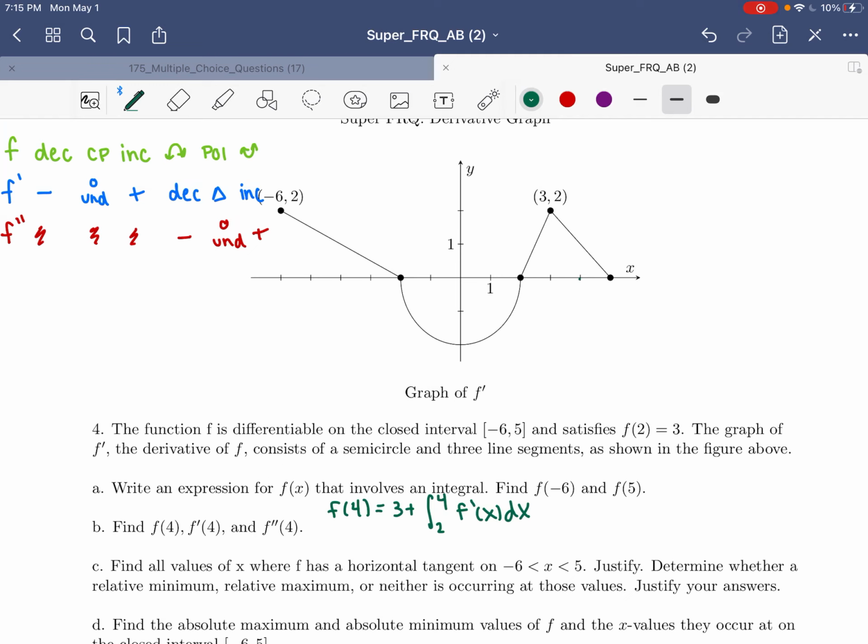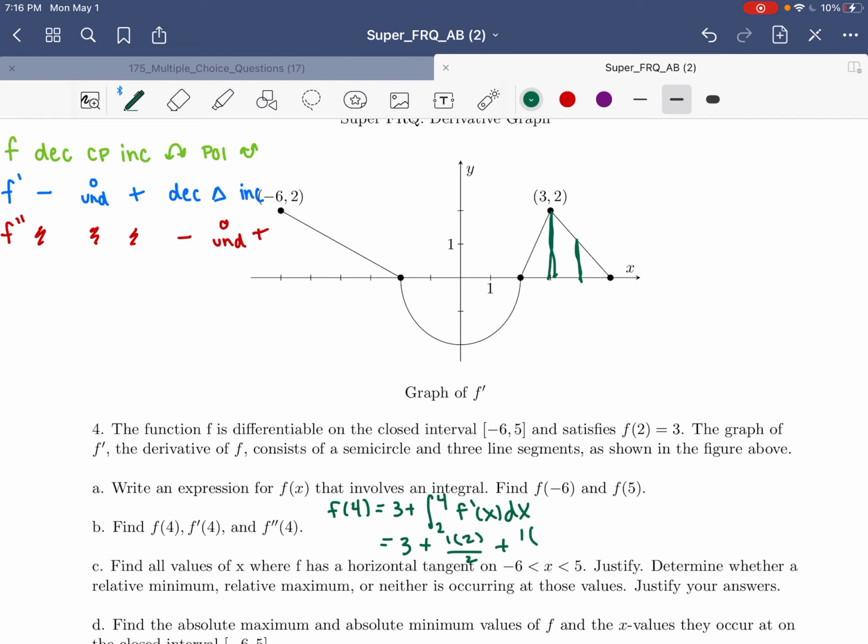From 2 to 4, we have this weird shape. Basically here, it's going to be a triangle. Our base is 1, our height is 2, divided by 2.